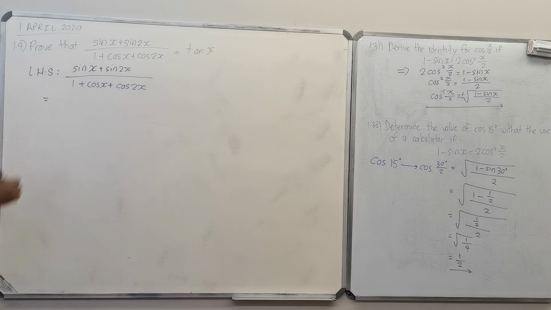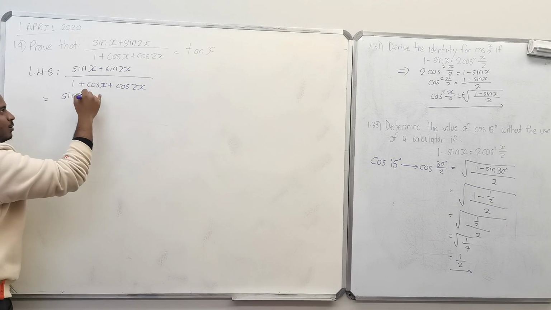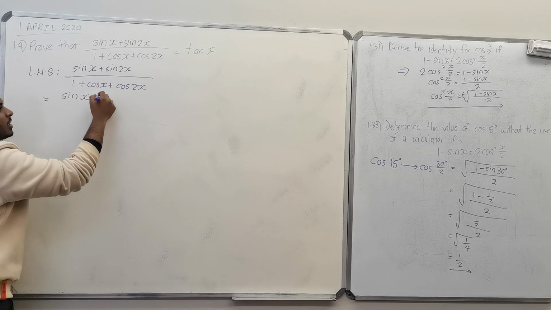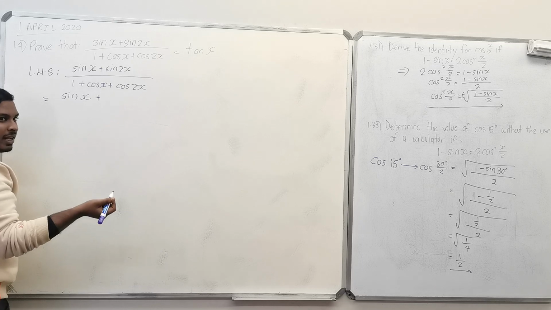What do you do? Keep sin x, right? You're not going to change it now. There's no reason to change it, and there's nothing to change it to. Sin 2x is what? It's a double angle, right?